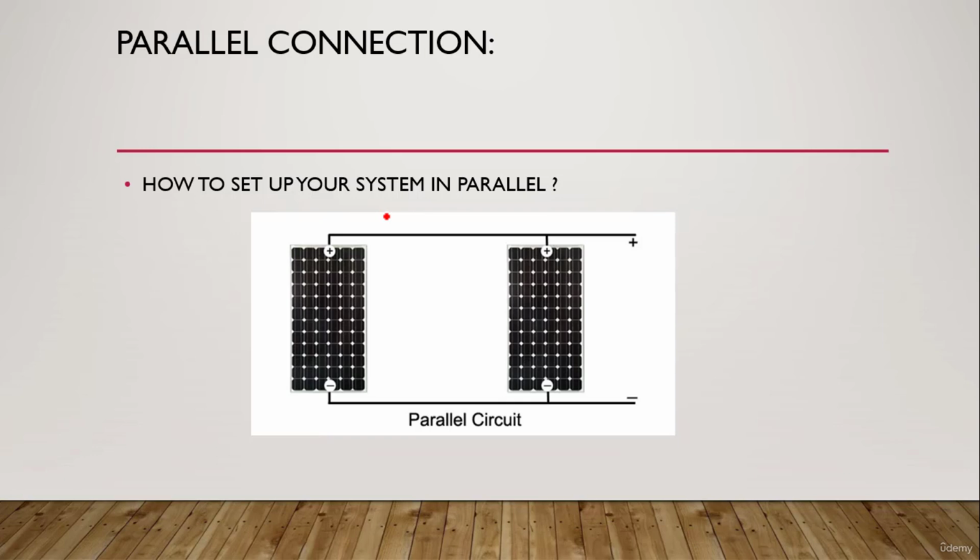Each PV module has two terminals, positive terminal and negative terminal. When we connect the positive terminal of the first PV module to the second module's positive terminal, and the negative terminal of the first to the second's negative terminal, and take the voltage from the positive one and the negative one to continue, this connection is called parallel connection.